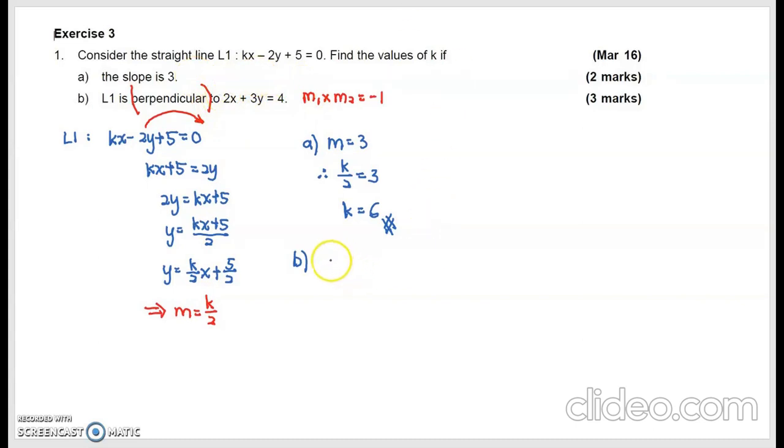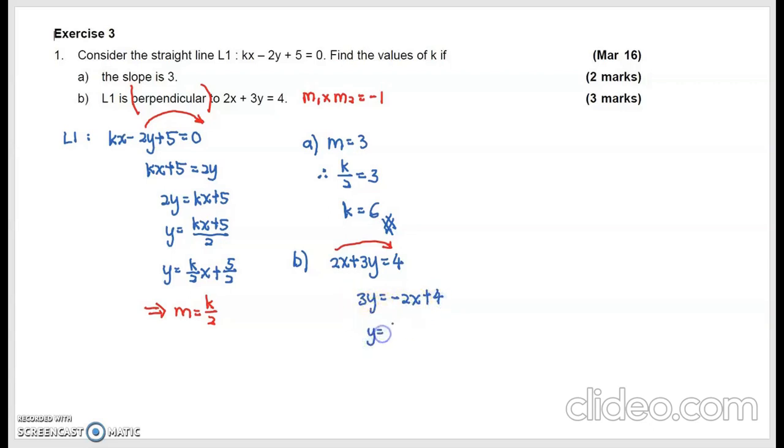So in question B, first I will try to find the slope for this equation, 2x plus 3y is equals to 4. Since y is already positive, what I'm going to do here is I move 2x to the right hand side. So here I should have 3y is equals to negative 2x plus 4. Divide 3 to the right hand side.